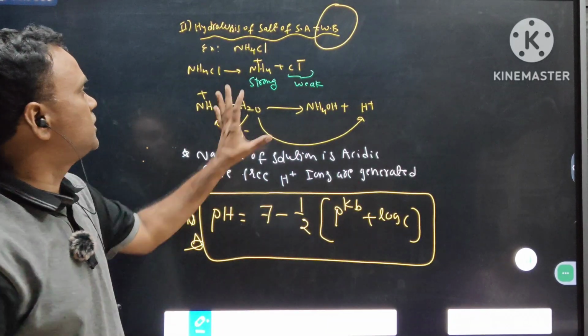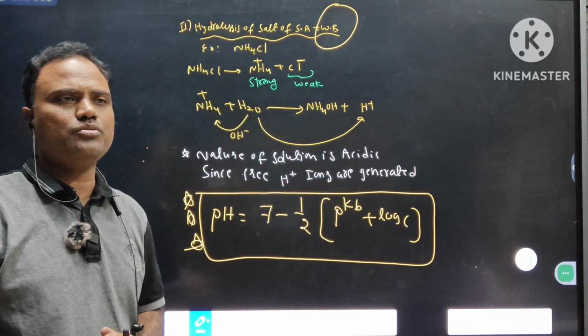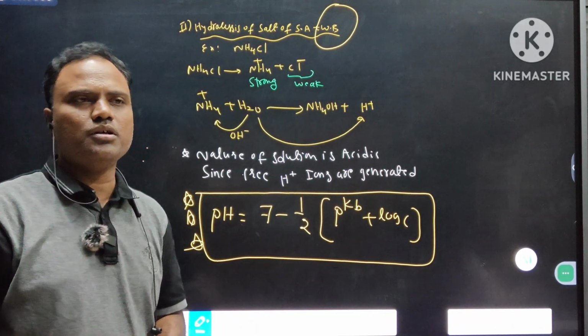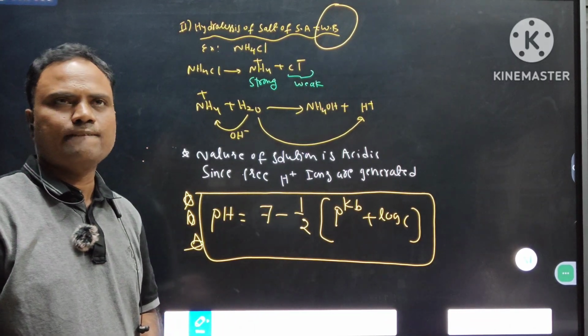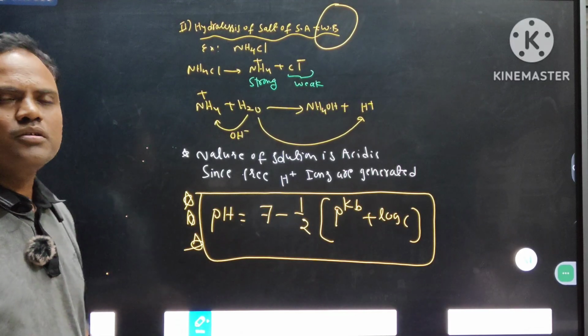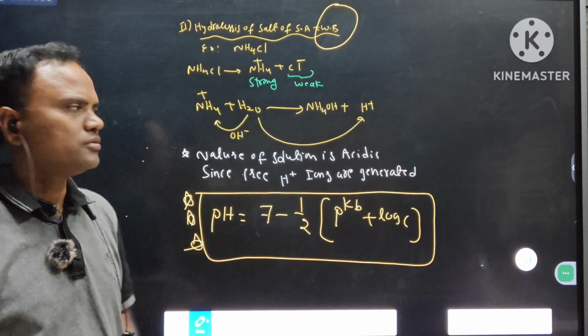So when NH4Cl, or a salt similar to NH4Cl, is given to you, use this formula. Next, third category: weak acid plus weak base.